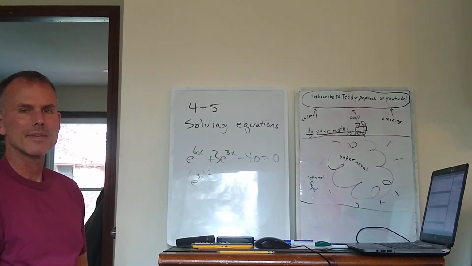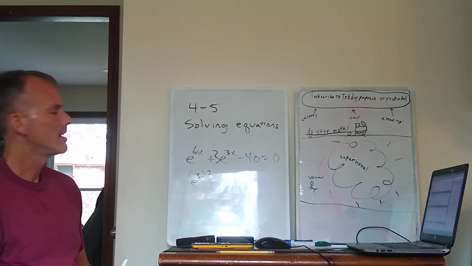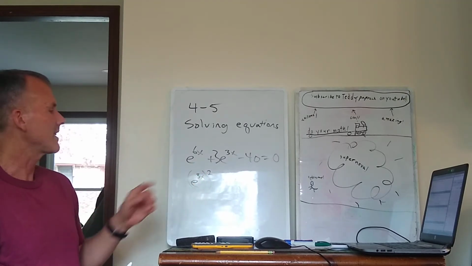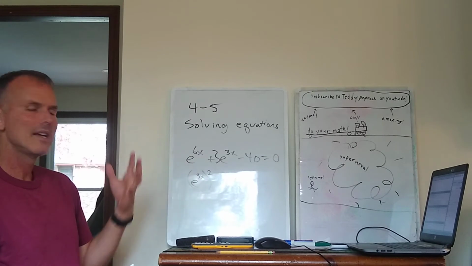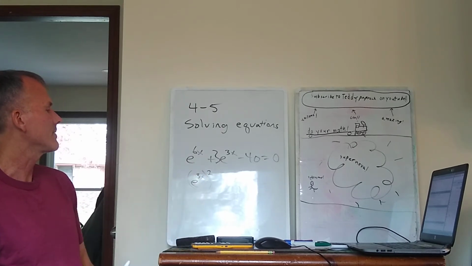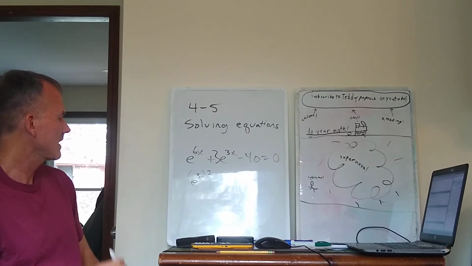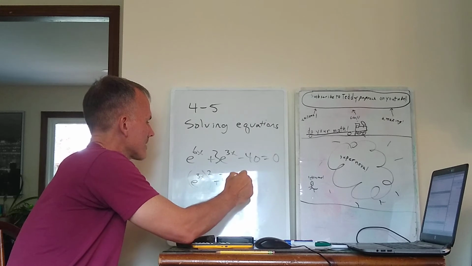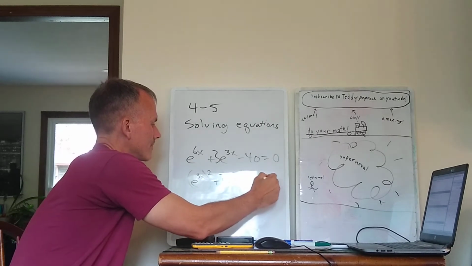Take a minute to make sure you agree with me there. If I raise e to the 3x to the second power, I get e to the 6x, because by the laws of exponents I have to multiply those two exponents. Then I have plus 3e to the 3x, and then minus 40.